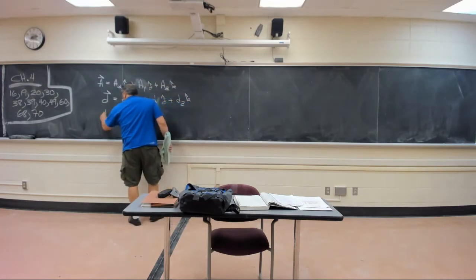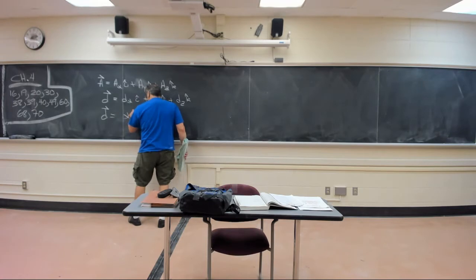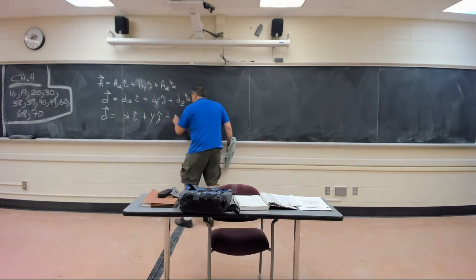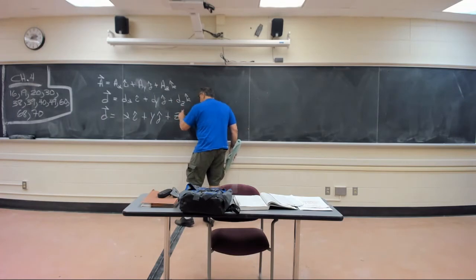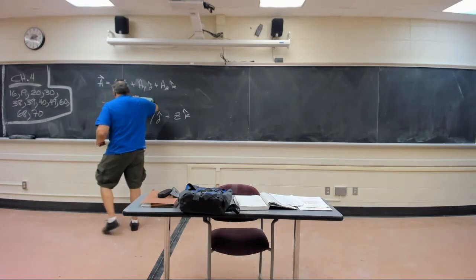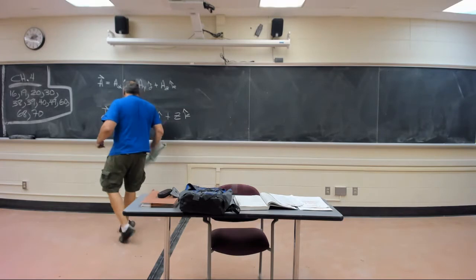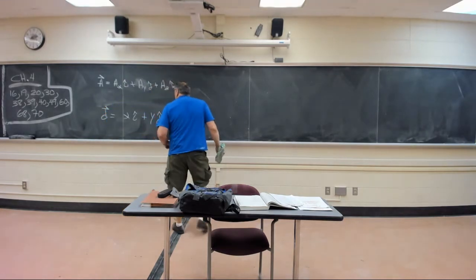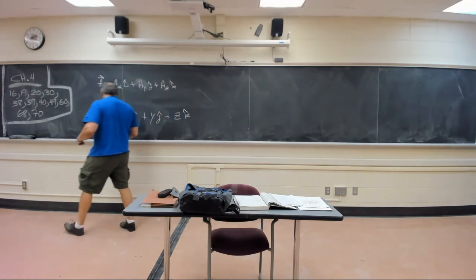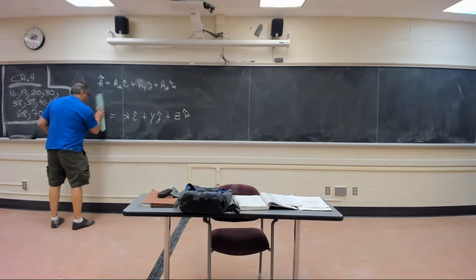You could also write it a different way, maybe a little better. X component i hat, y component j hat, z component k hat. A lot of times they'll call this the d vector, displacement vector.